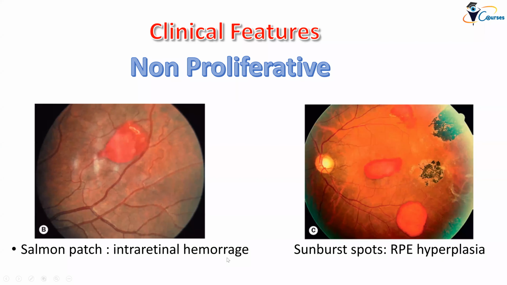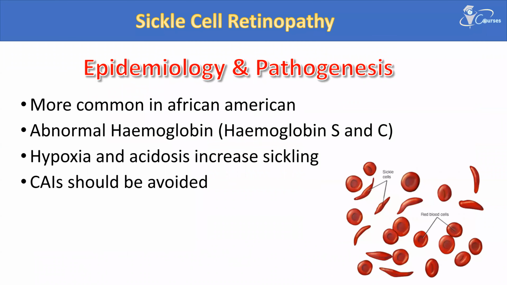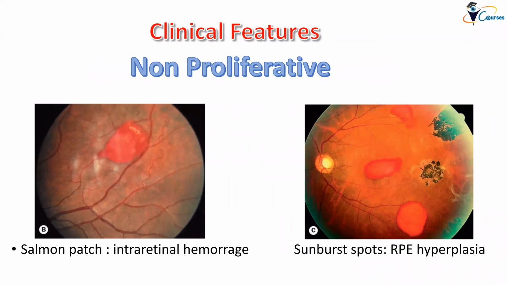So what will be the manifestations of sickle cell retinopathy? How does a patient with sickle cell disease present in the retina? It will result in manifestations of retinopathy due to abnormal hemoglobin and occlusion of the blood vessels. First of all, it can be non-proliferative, meaning that there are still no new vessels. It can present with one of two presentations.